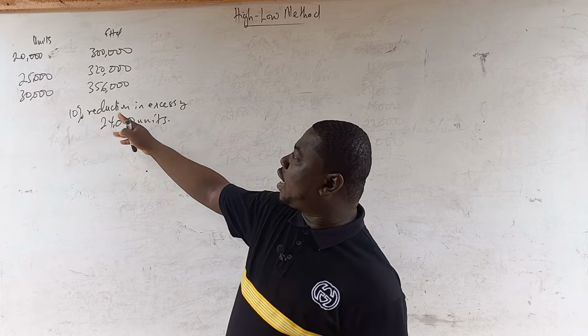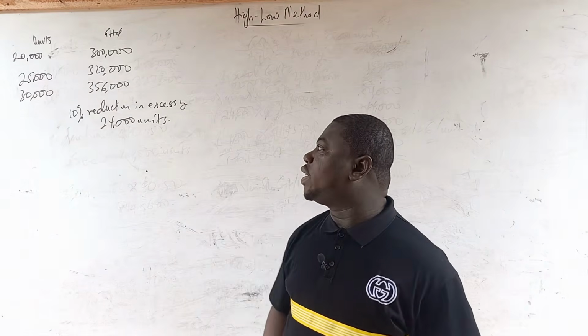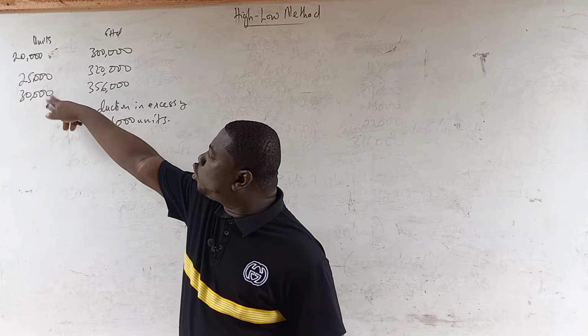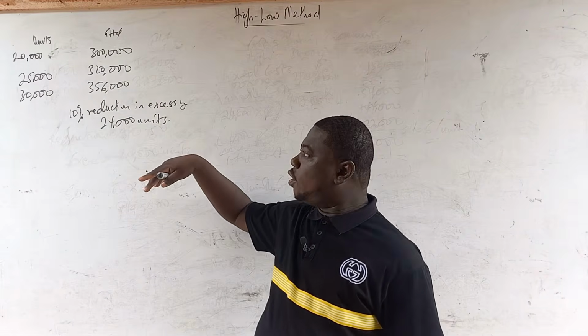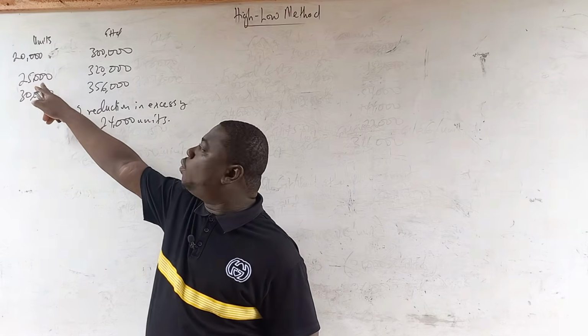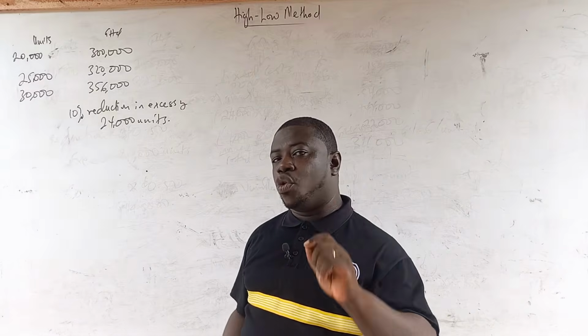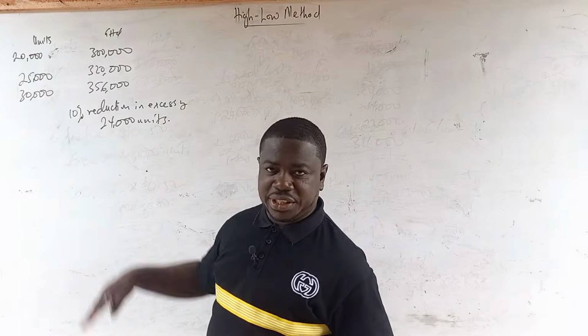So the 10% reduction has already applied for both of them. So we are going to use the 2 that are above. The 30,000 as a high, and the one in between, 25,000, we'll use as a low in this case. So with the high-low, we find the variable cost per unit for these two activity levels.